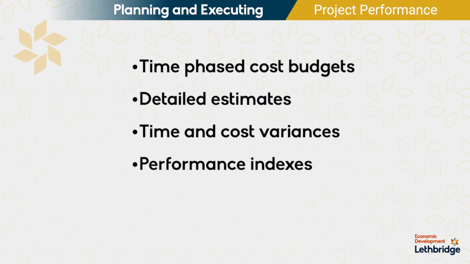One of the most common questions that you'll be asked, or if you're the one sponsoring or the beneficiary of the project that you should be asking, is: is the project on schedule and on budget? And if not, how much more time and how much more money needs to be spent in order for it to be finished? One of the things that we want to calculate is our total estimate at completion.